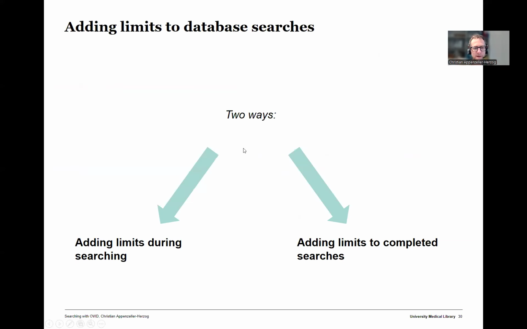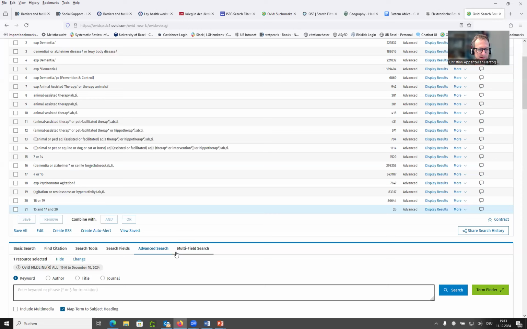So applying database limits. It is possible to add such limits during the searching or to add them to completed searches. Let's quickly add them to completed searches. Let's say I would look for reviews on animal-assisted therapy.